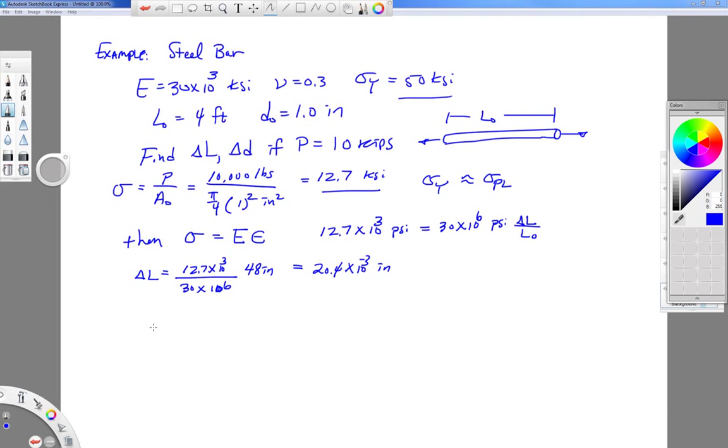Now for the next step, we're going to find the change in diameter of the bar at this level of load. The diametral strain is related to the change in diameter divided by the initial diameter. Since I have a 1 inch initial diameter bar, this would be the initial diameter times the diametral strain.